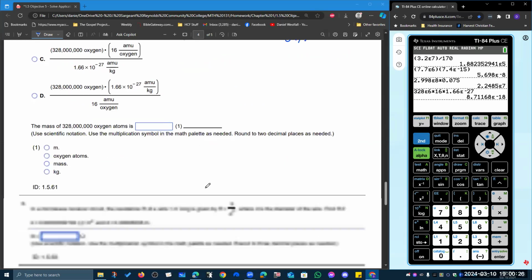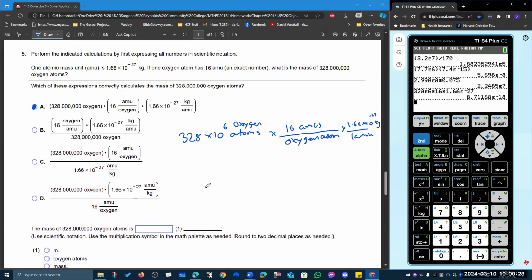And we're to round to 2 decimal places. So 8.71 times 10 to the negative 18th. And these are going to be in kilograms.